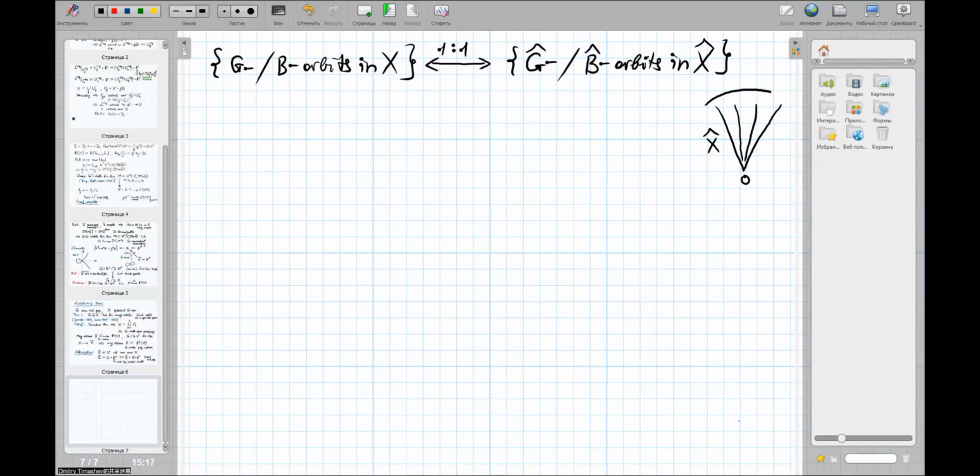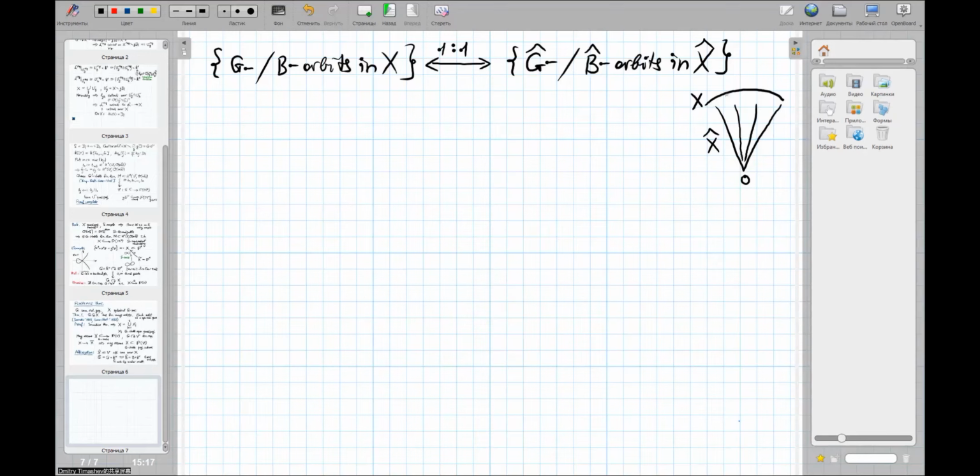We have a projective variety, which is a projectivization of this cone, this X at infinity. And the group G acts on X, while the group G hat acts on X hat. And since G hat contains scalar maps, all these lines are contained in G hat orbits or B hat orbits.